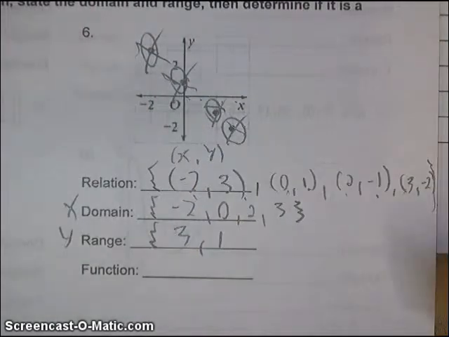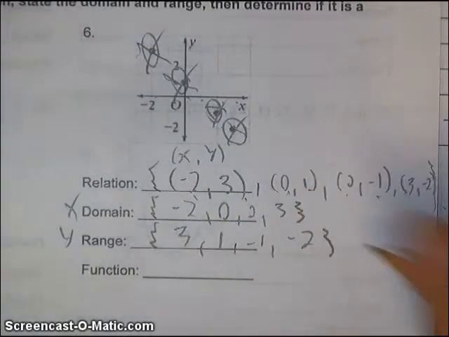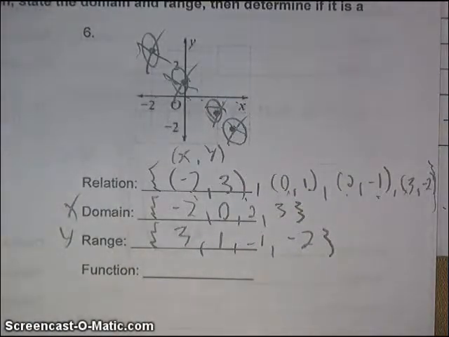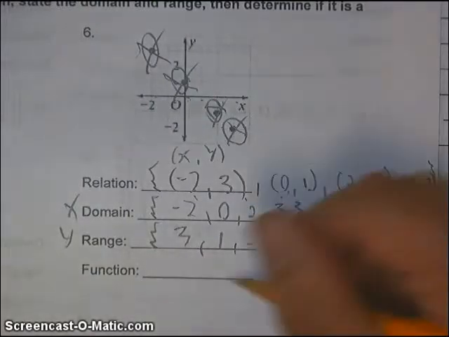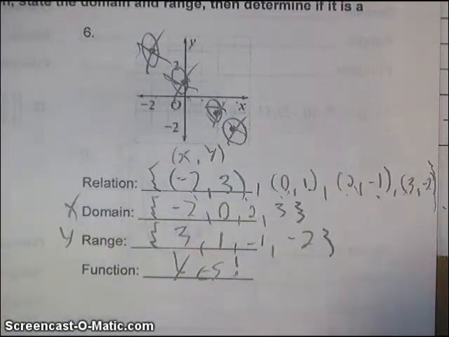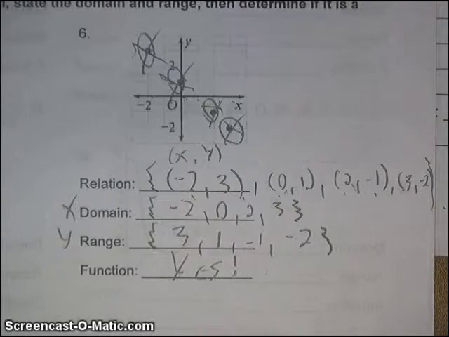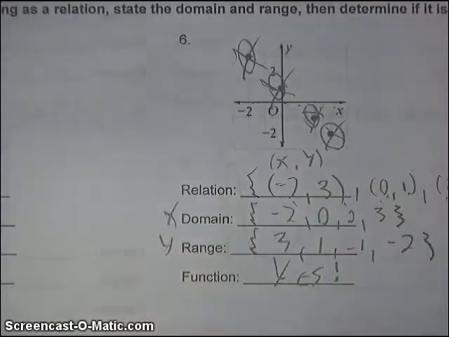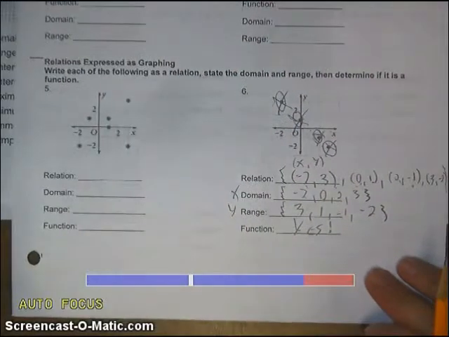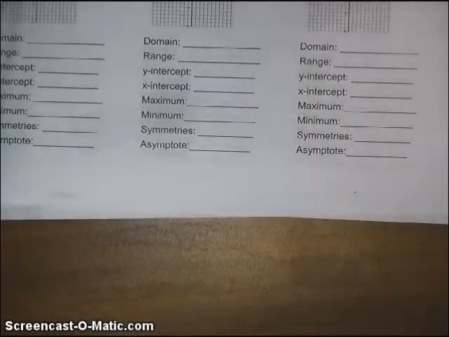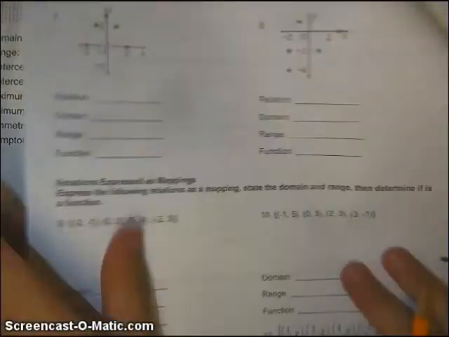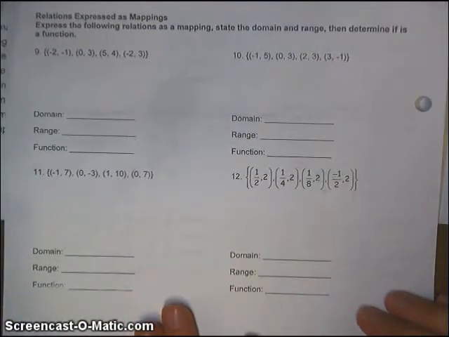There's no repeats, so write them all. And then, is it a function? Well, do any of the x's repeat? No, they do not. So, yes, that is a function. So that's how you're going to do 5, 6, 7, and 8.